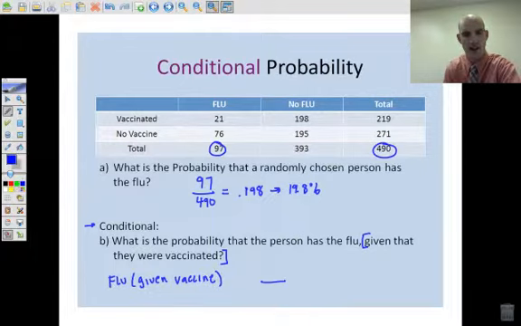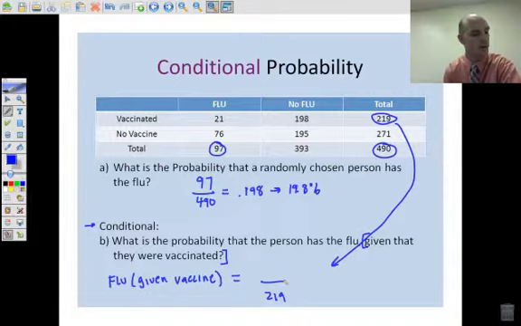Given that they had the vaccine, the total for the vaccinated is only 219, so that's what goes down here. Out of 219, how many of them got the flu? It's only 21 out of 219. As a percentage, that's only 0.096, or 9.6%.